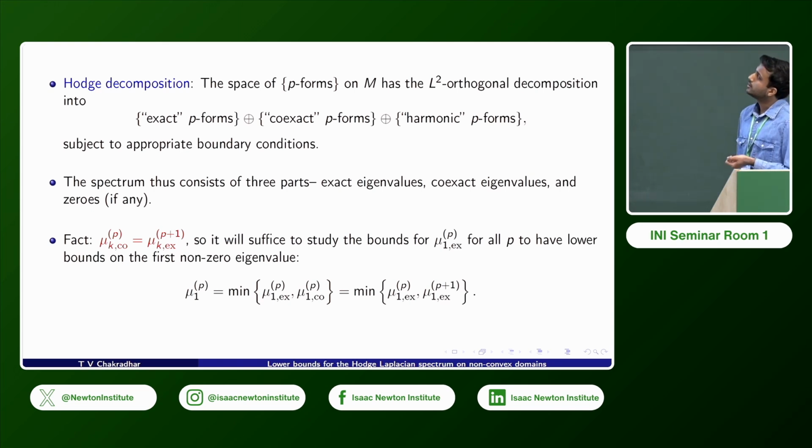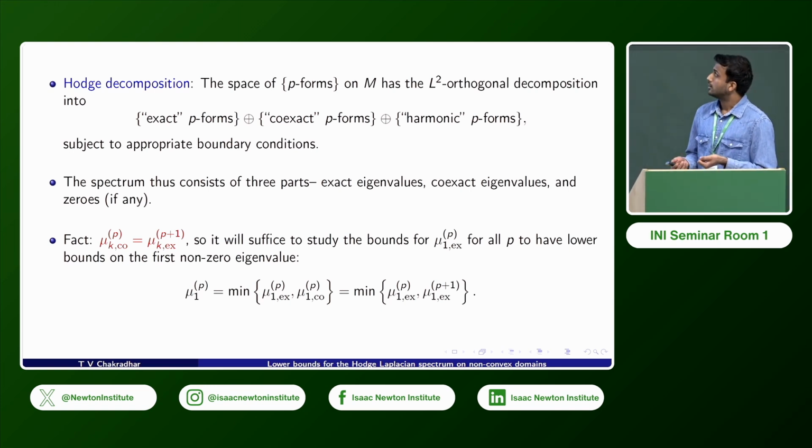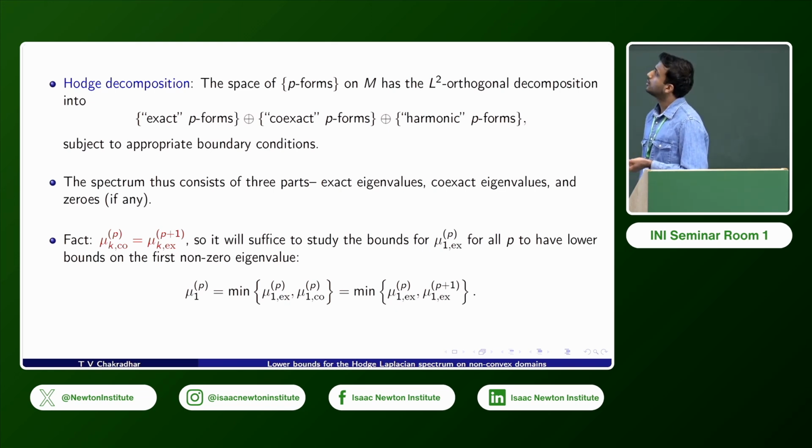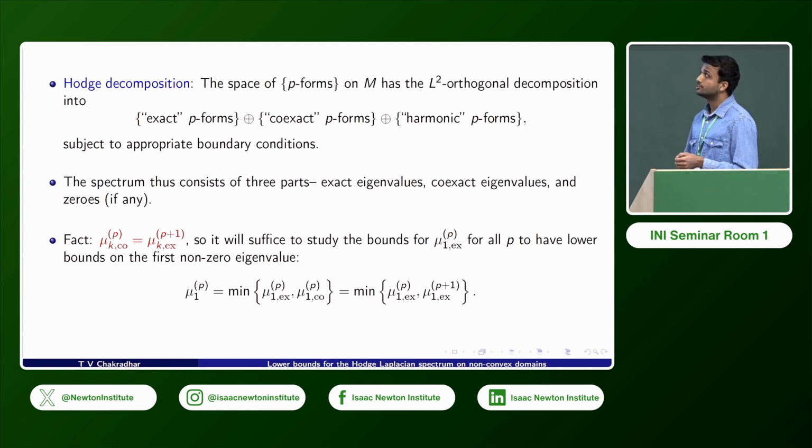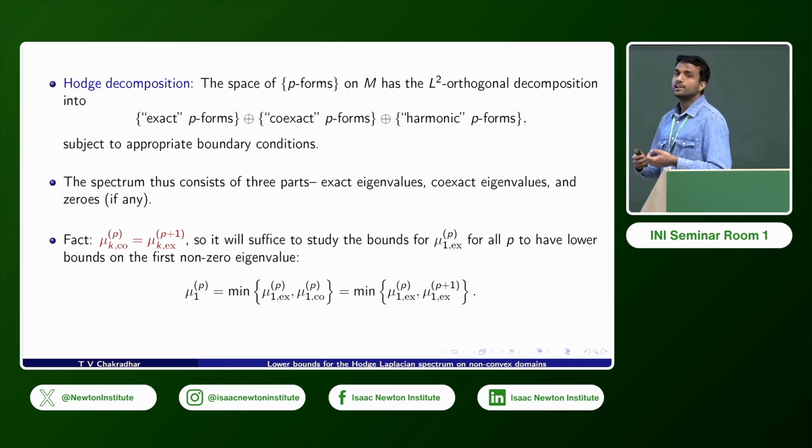So you've seen the Helmholtz decomposition in the morning for vector fields. But in general, for p-forms, you have the analog which is called the Hodge decomposition, which more or less says that the space of p-forms splits into exact p-forms, co-exact p-forms, and harmonic p-forms. By exact p-forms, I mean those which can be written as the exterior derivative of (p minus 1)-forms.